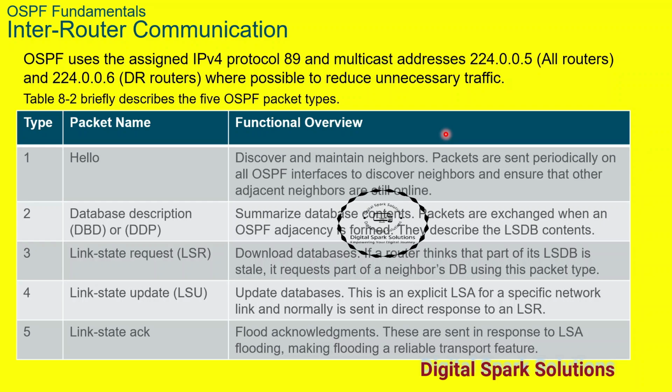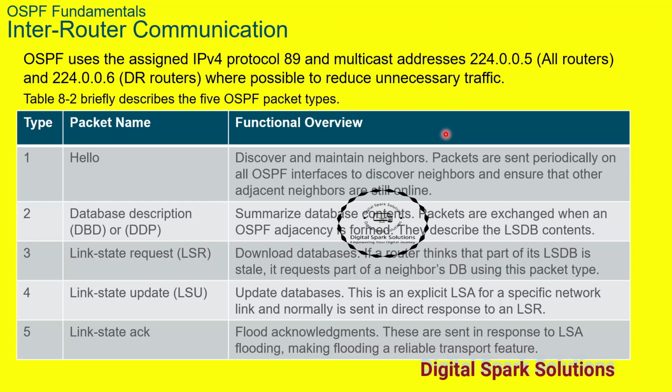A hello packet discovers and maintains neighbors. Once you connect the routers via a link and enable OSPF, it will send the hello packet. We will observe this via lab as well. Let's go to the theory first.